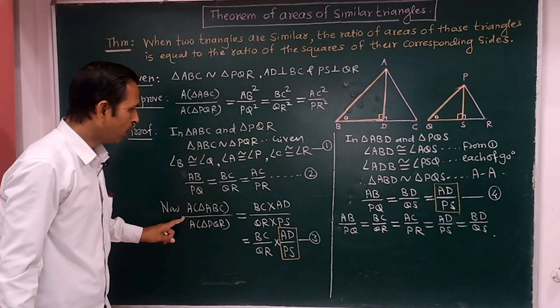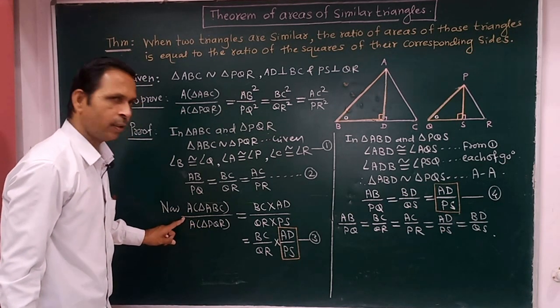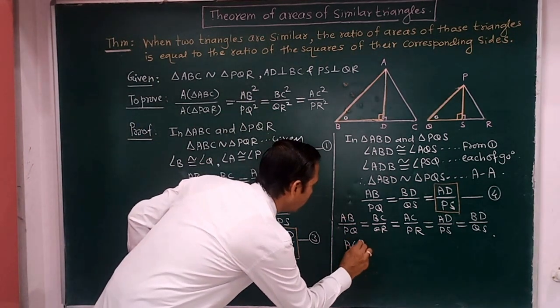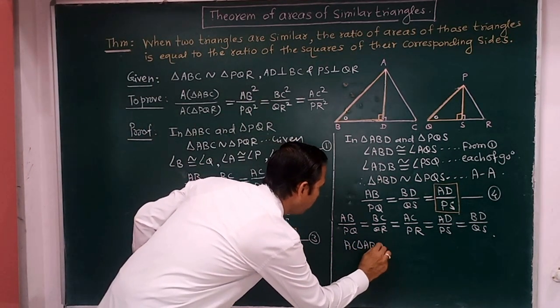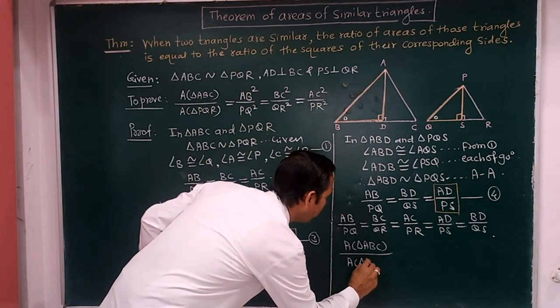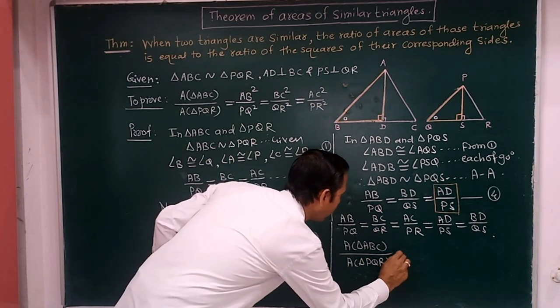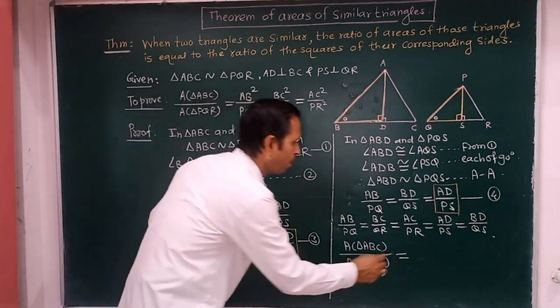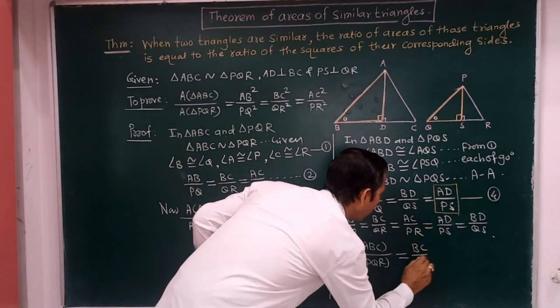Now take equation 3. From this equation 3 we write area of triangle ABC divided by area of triangle PQR is equal to BC upon QR.